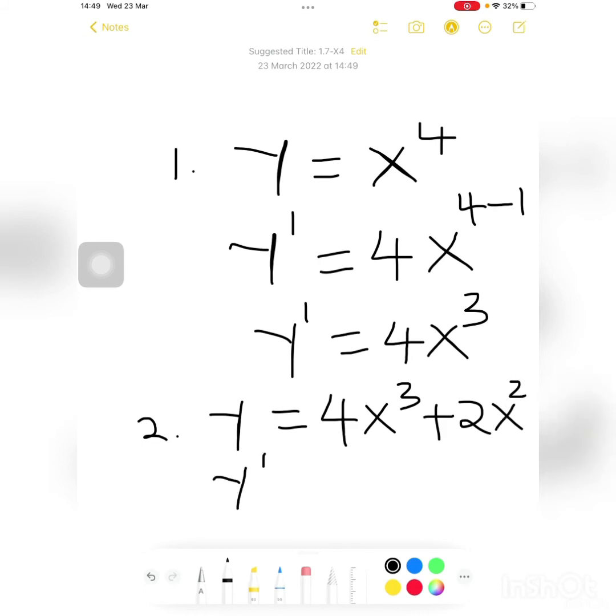So y prime is, just the same way, we bring 3 down and multiply the 3 by 4 to get 12, then x to the power 3 minus 1, which remains 2, plus 2 times 2 is 4, and then x to the power 2 minus 1, which is x^1, and x^1 is x.